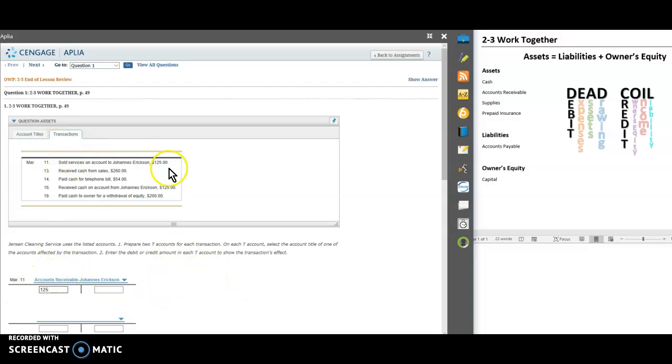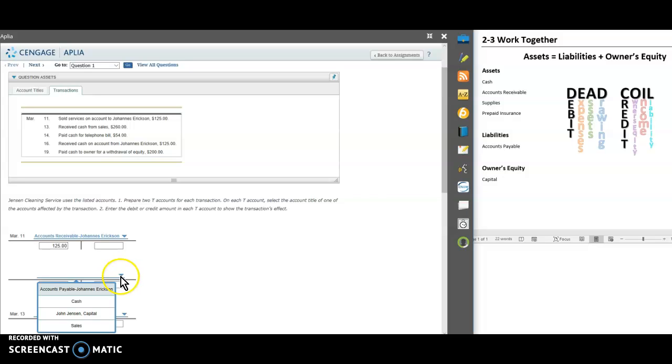The credit is sold services, so that's going to be your sales. Sales are income. In debit coil, sales is your income, and the increase side, the normal balance side, is credit. So you have a debit to accounts receivable and a credit to sales. Both of them are increasing. Accounts receivable is going up, sales are going up.